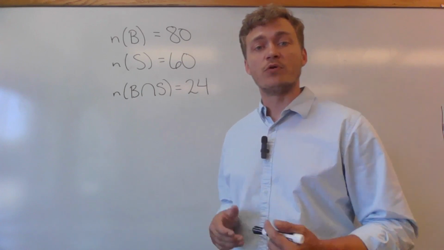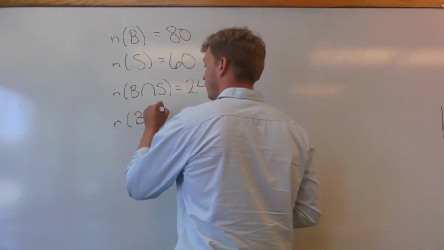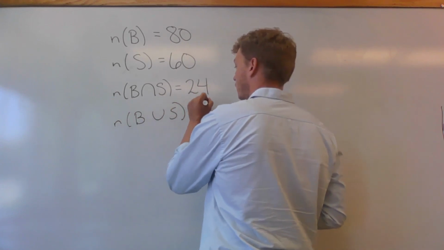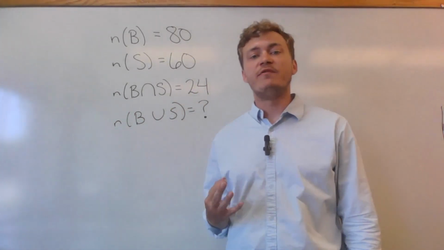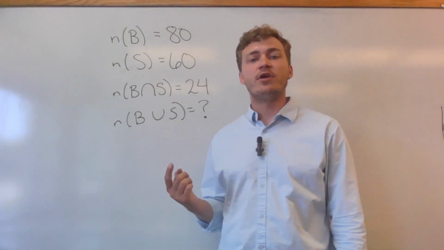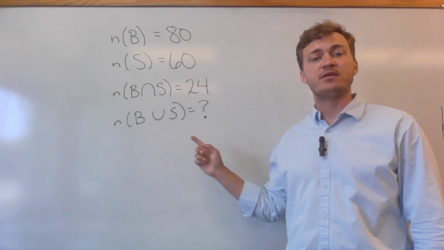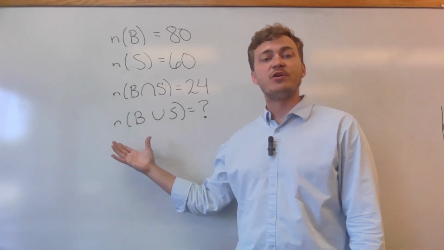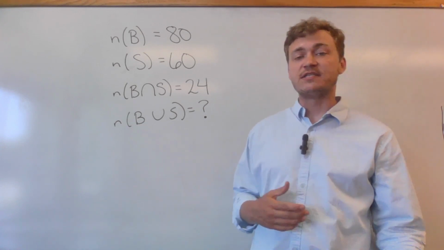Either basketball or soccer. They want to know this one. So in this application, they're giving us 3 known values, and we're solving for the unknown. The last sentence is a question. That's the question that's being answered. How many? And this notation represents the number of elements, or how many play either basketball or soccer.